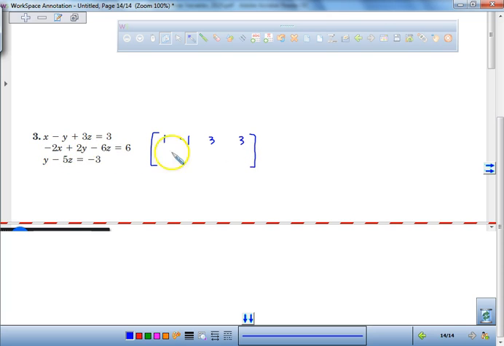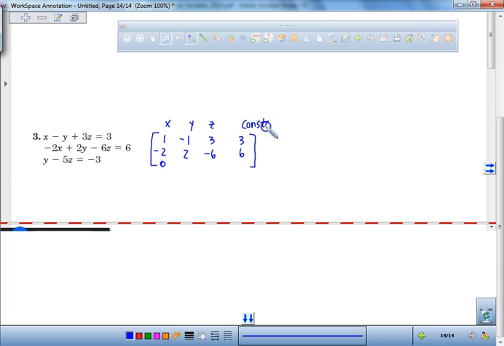What's my second row going to be? -2, 2, -6, 6. And the third row, oh, do you guys see any X's there? Oh, so guess what you got to do? Got to place a 0. Remember, this is your X column, this is your Y column, this is your Z column, and these represent your what?